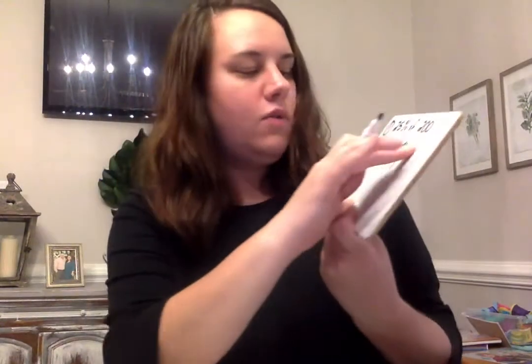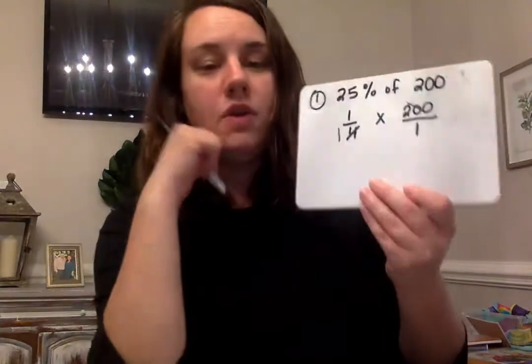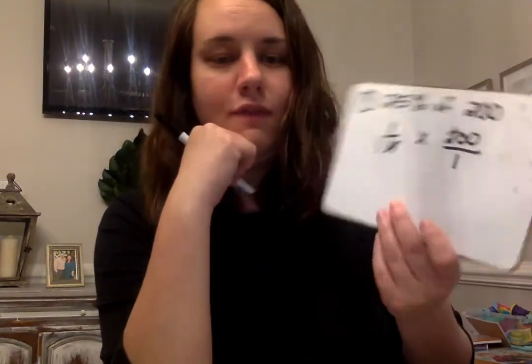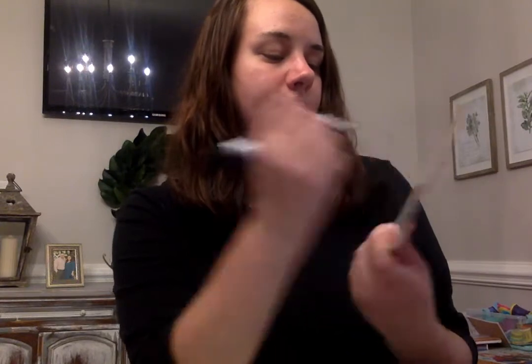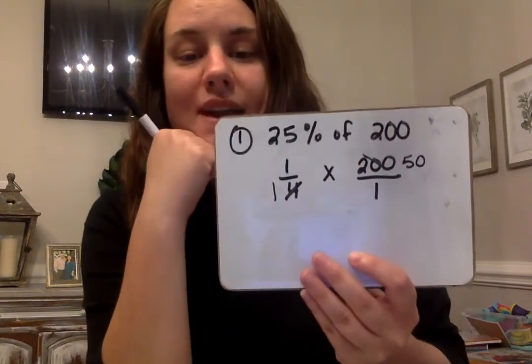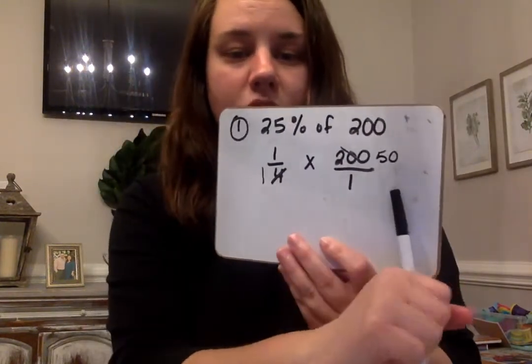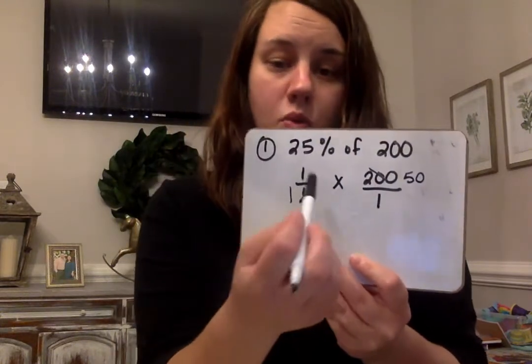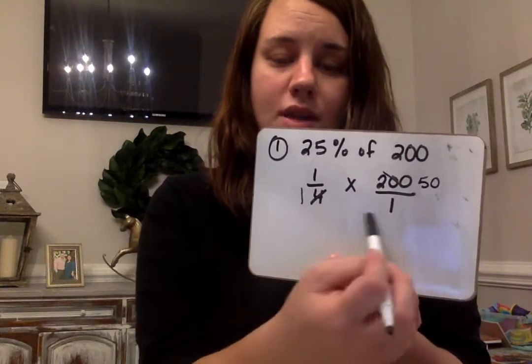Oops, I'm not going to write the 4 there. 200 divided by 4 would give you 50. Okay? So now you can just multiply straight across, the 1 times 50 and the 4 times 1 and simplify it. I'm going to do that also. Okay? I'm going to write that down below. You can do it either way.